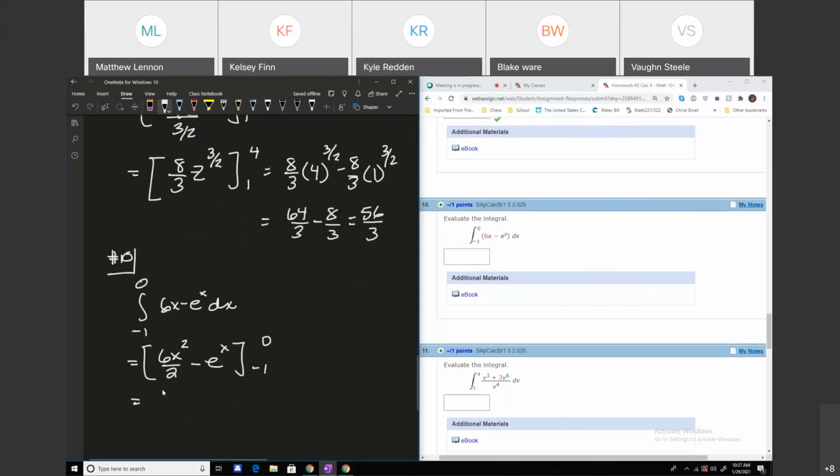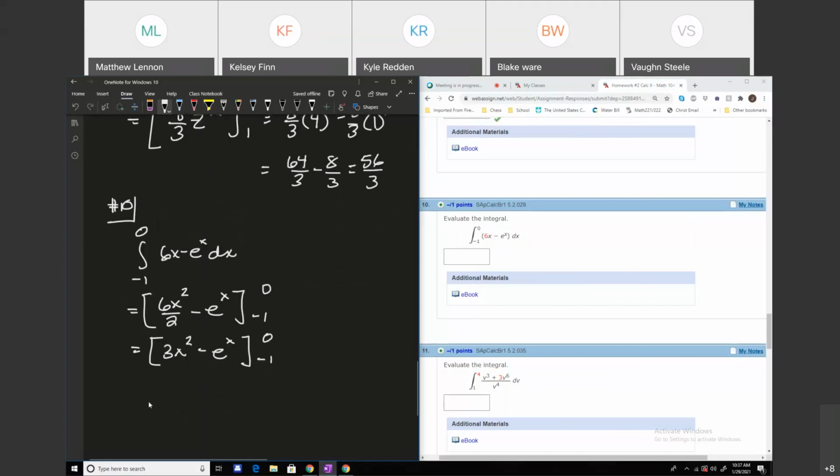So that's the same as 3x squared minus e to the x from -1 to 0. And we just need to plug in. So 3 times 0 squared minus e to the 0 minus 3 times -1 squared minus e to the -1.